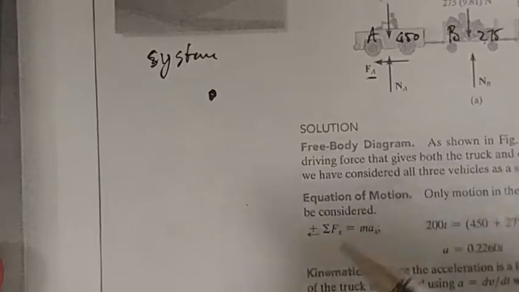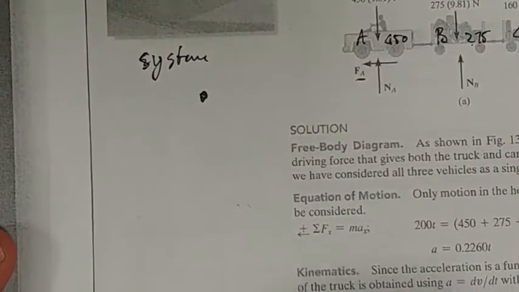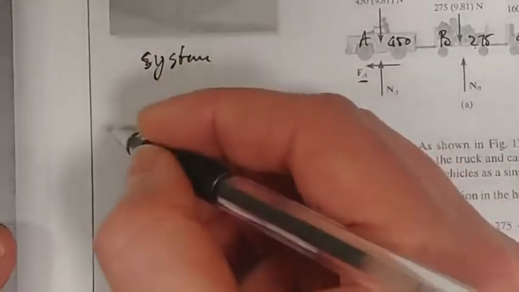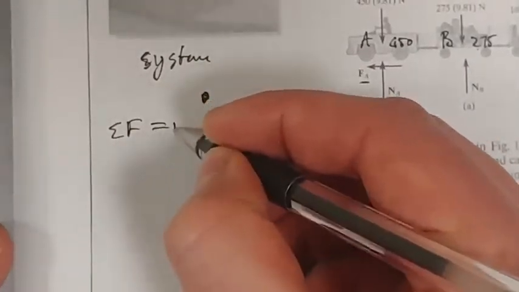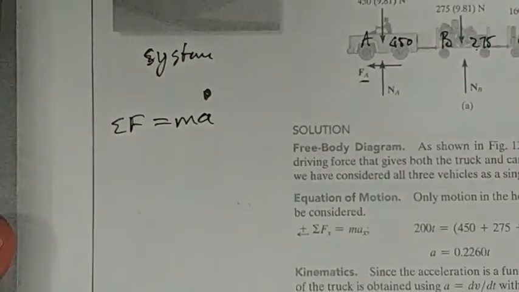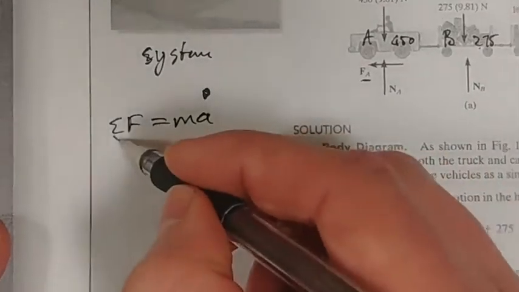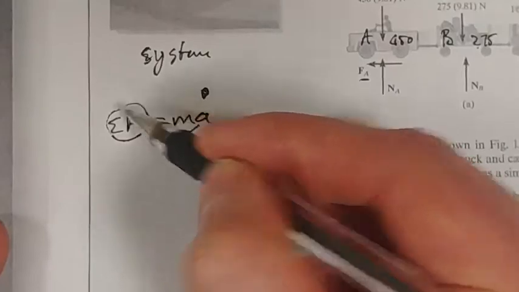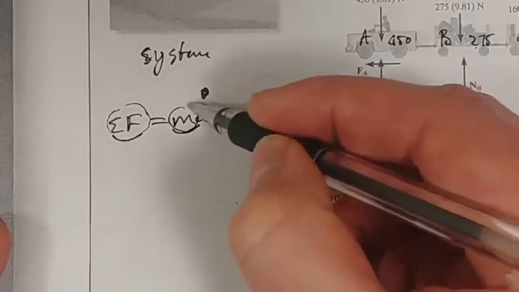Remember what we said in the previous video: the sum of the forces equals mass times acceleration. That's straightforward enough, but what does the sum of the forces refer to, and what does the mass refer to?